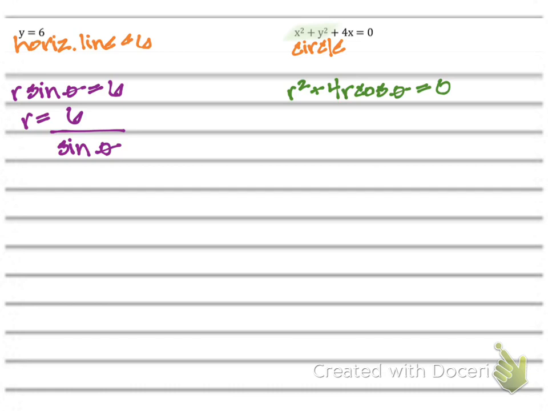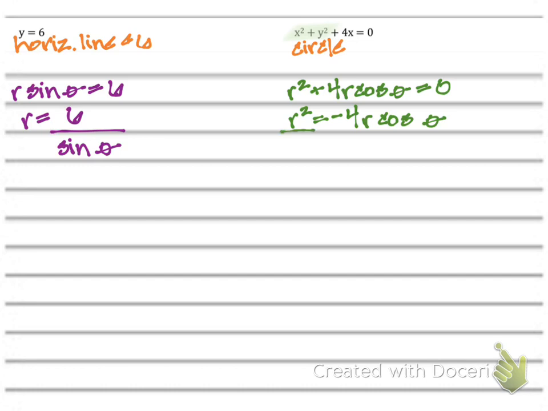Well, we do have an r in both places, but what we're going to do is move the 4r cosine theta to the other side. So r squared equals negative 4r cosine theta.